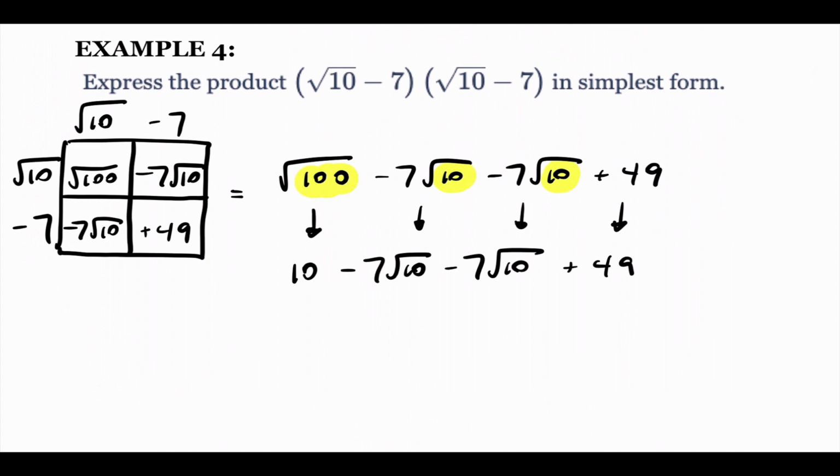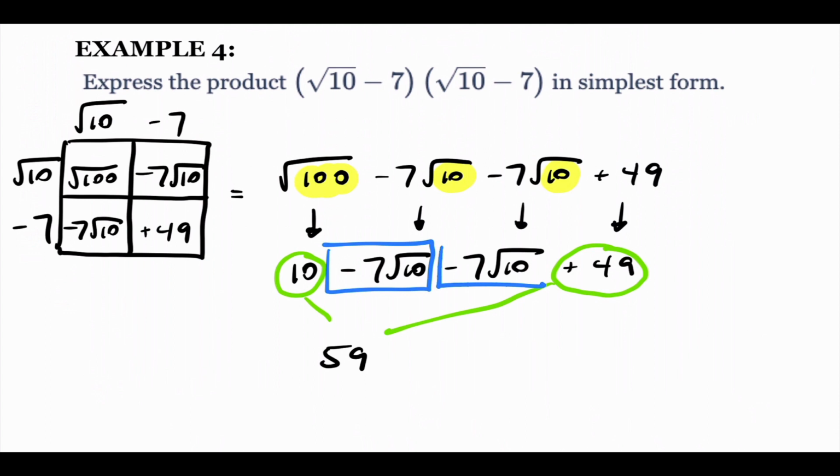Last step, combine any like terms. Combine anything that's the same. Well, I got 10 and positive 49. I can add those together to make 59. Then I have these guys. They both have a square root of 10. So I can add their coefficients.